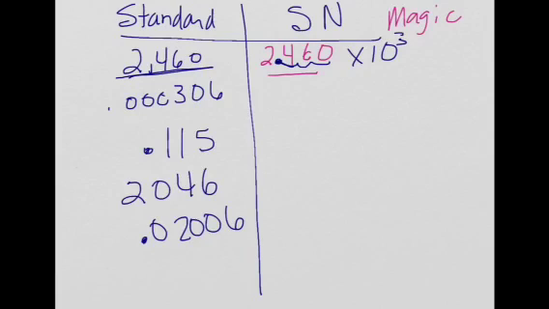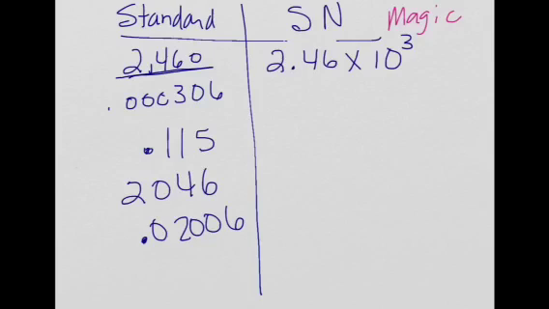So our answer is going to be 2.460 times 10 cubed. And since the 0 is the last digit, we don't have to write it. So our answer is actually 2.46 times 10 cubed.